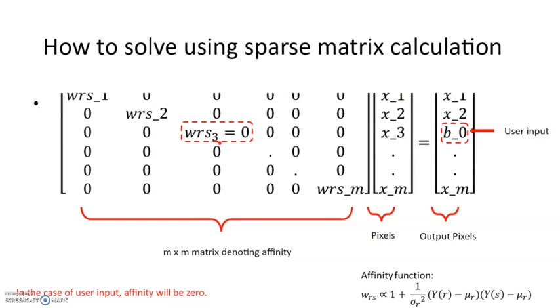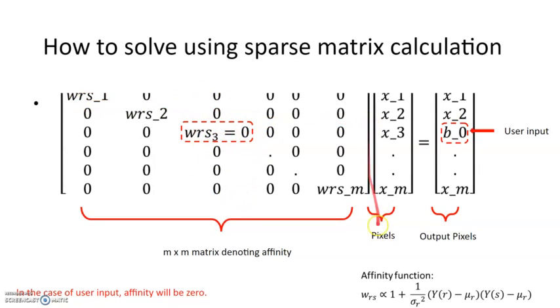So to recap the whole process, the affinities or the relationship matrix is given as a diagonal matrix where all the values are 0 except for the diagonal, and the diagonal contains the relationship of a center pixel with its surrounding pixels.